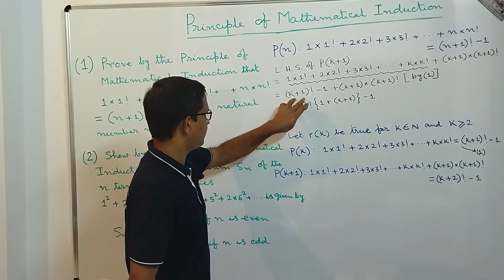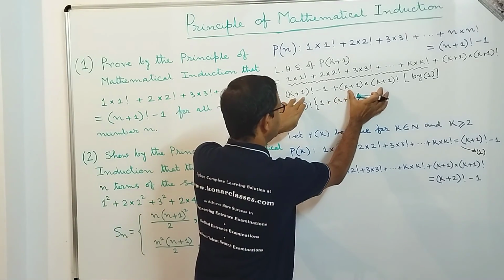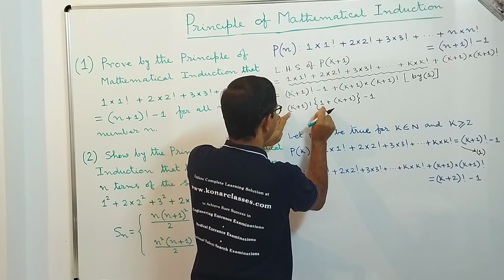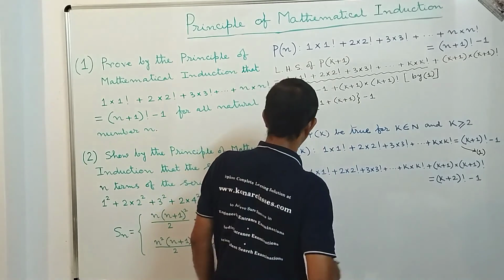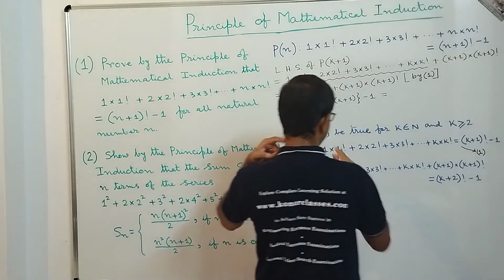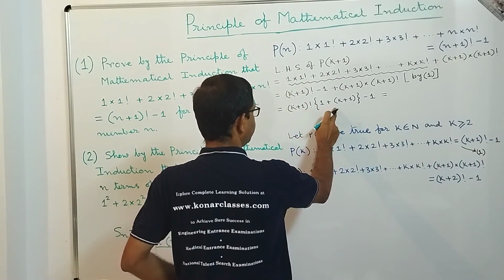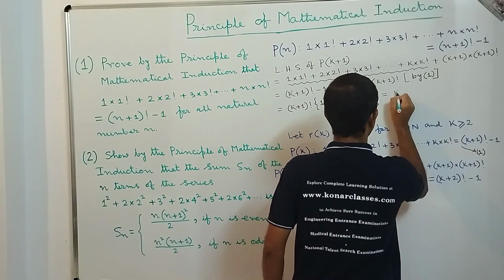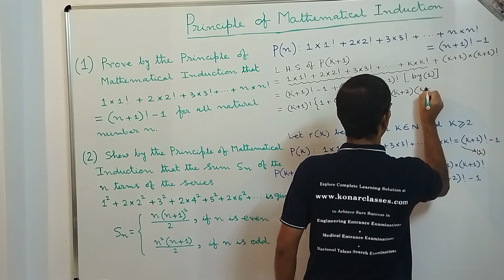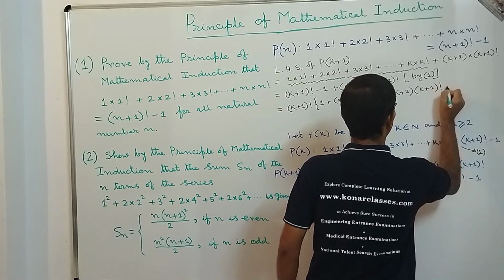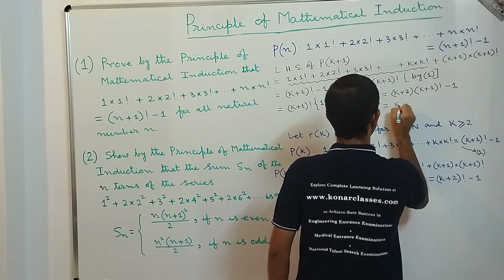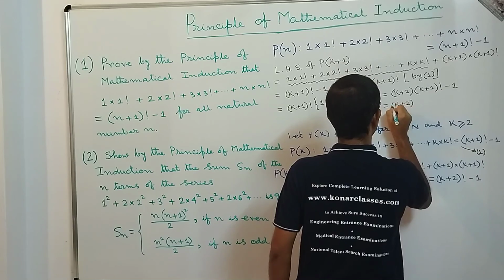Between the terms (k+1) factorial and (k+1) into (k+1) factorial, we took (k+1) factorial common and we are left with 1 plus (k+1). So this is equal to (k+1) factorial into (k+2), or we can write (k+2) into (k+1) factorial minus 1, and that is equal to (k+2) factorial.